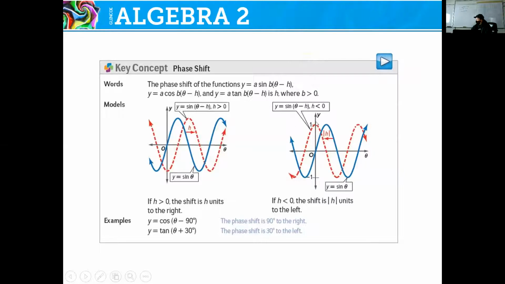Inside, outside. For y equals cosine of theta minus 90, the phase shift is 90 degrees to the right, and that's really your starting point. For the tangent of theta plus 30, the phase shift is 30 degrees to the left. So if you see a minus on the inside, you're shifting to the right. If you see a plus on the inside, you're shifting to the left.